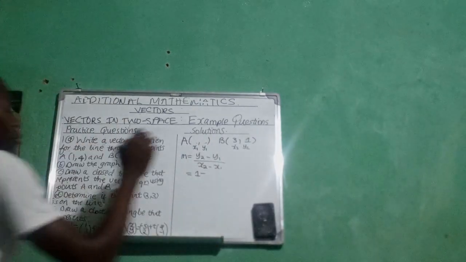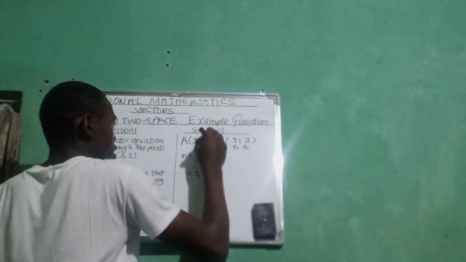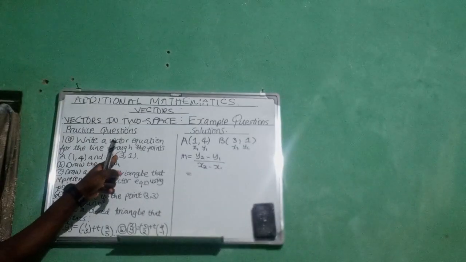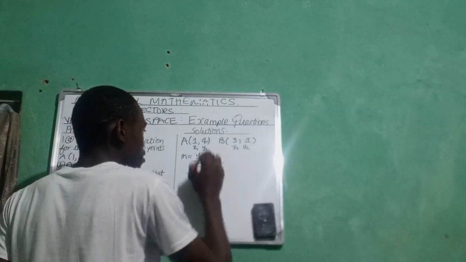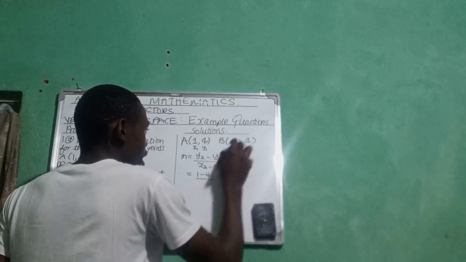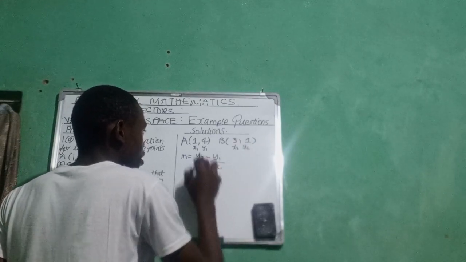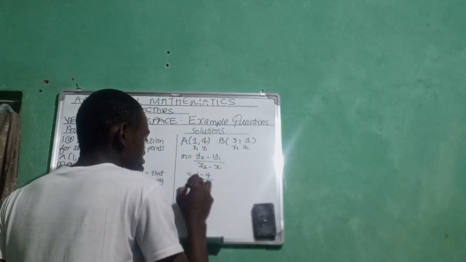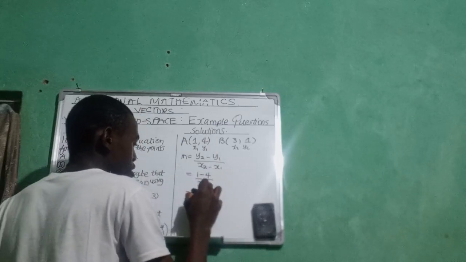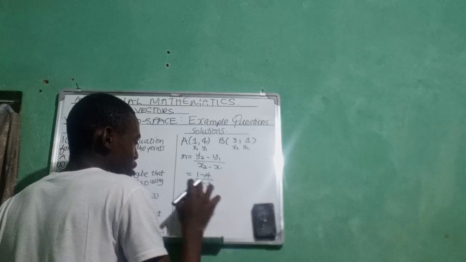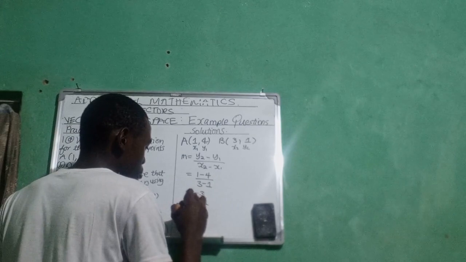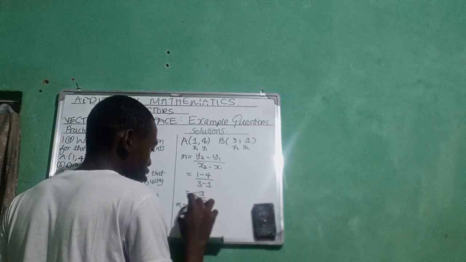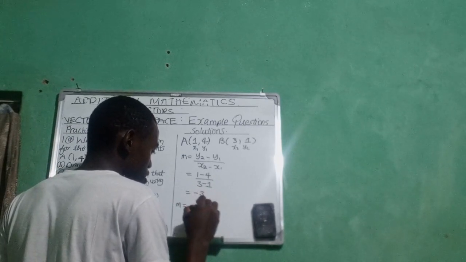It's actually (1, 4), sorry for that. So it's actually (1, 4), then (3, 1). So our y2 is 1 minus our y1, which is a positive 4. X2 is a positive 3. X1 is a positive 1. This will give us negative 3, and when we subtract in the denominator, we're going to have 2. Therefore, our m is equal to negative 3 divided by 2.